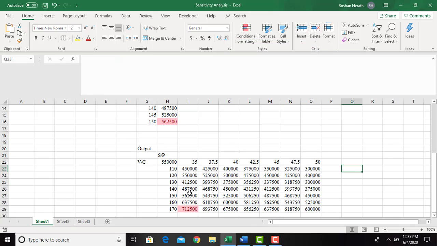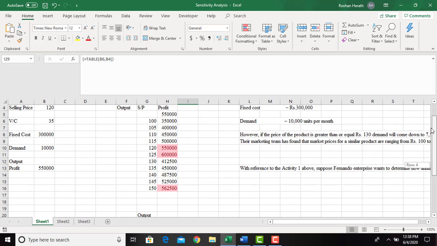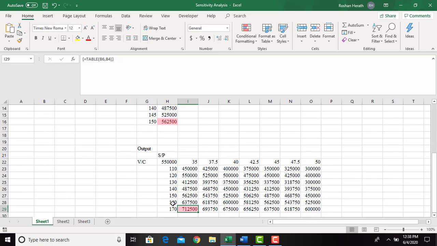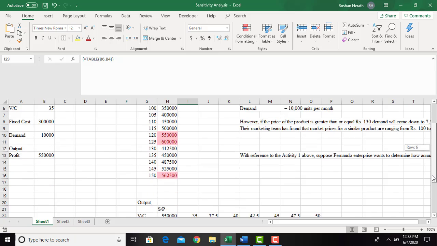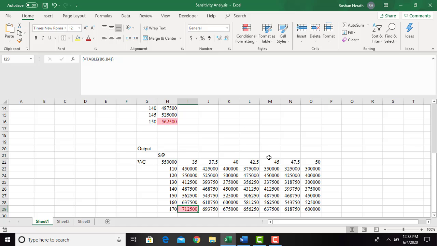Then you have found that the best combination is if you can sell them at 170, and if you can keep your cost at 35, then that's going to be the most ideal scenario. That gives you the highest profit. Everything other than that is less than the optimal one. Right. So that's about activity 2 of sensitivity analysis. We have discussed activity 1 and activity 2 relating to the one-way data table and two-way data tables.